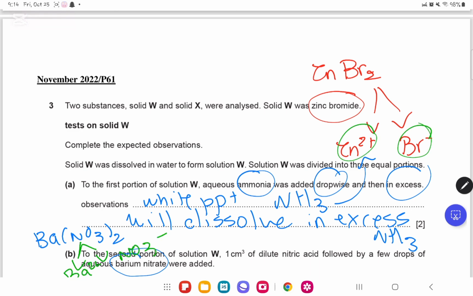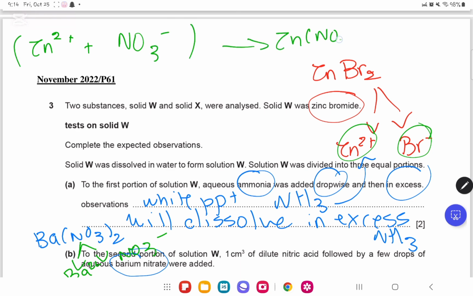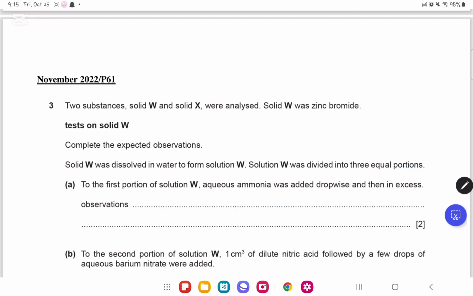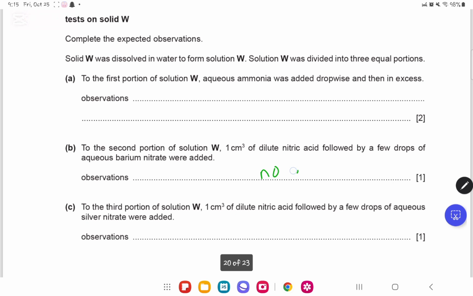We already have the ions of this one. So if we switch them, we get Zn2 plus NO3 minus, which will give us Zn(NO3)2. And then we will have Ba2 plus Br minus, which will then give us BaBr2. Now they're both aqueous, they're both soluble. So that means if both of them are soluble, then there is no change in the observation.